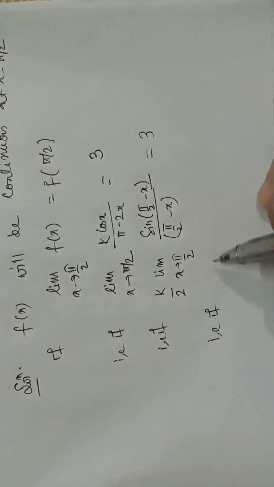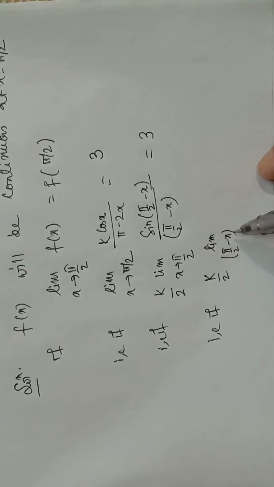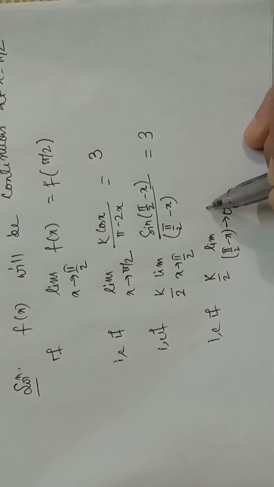That is, k by 2 into limit x tends to pi by 2, of sin of pi by 2 minus x by pi by 2 minus x. When x tends to pi by 2, when x is almost pi by 2, pi by 2 minus x will tend to 0.